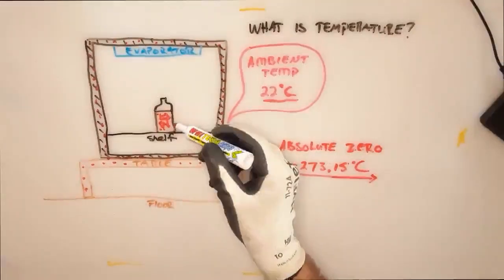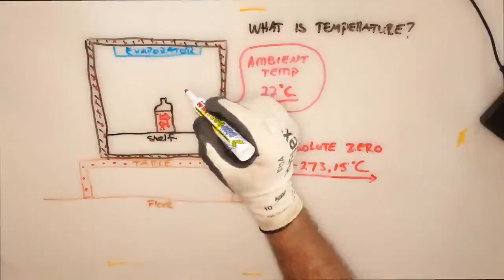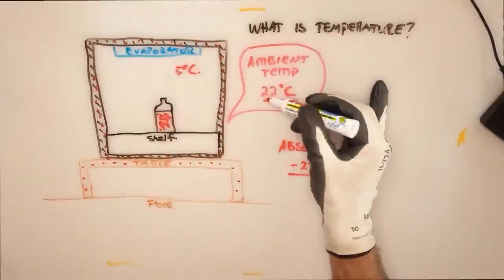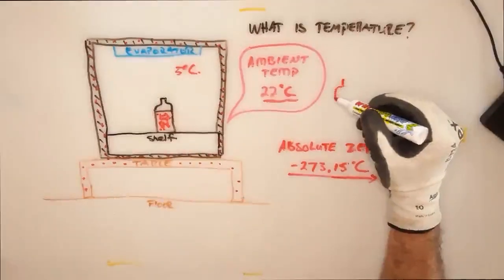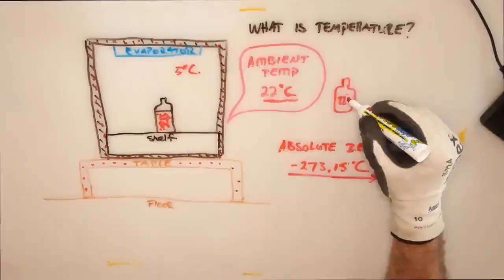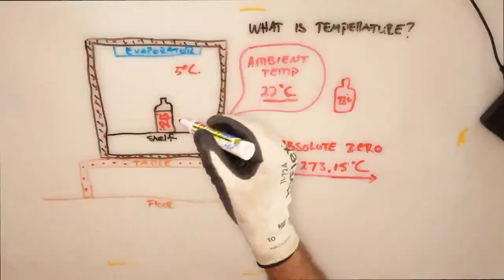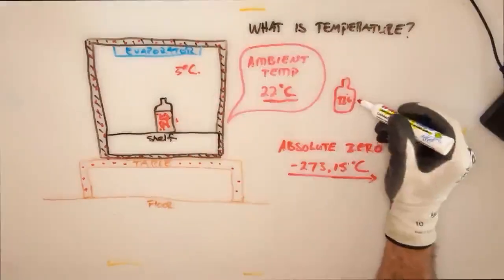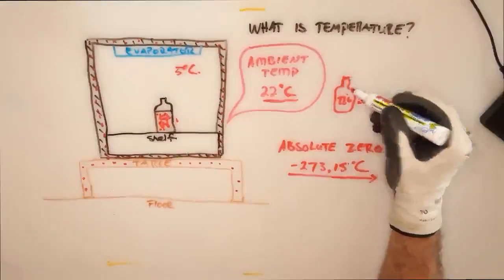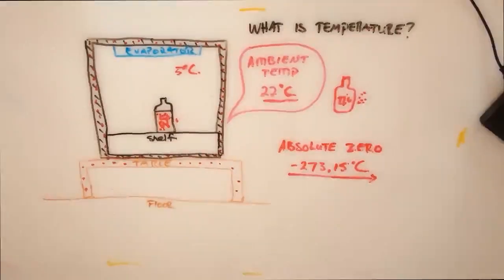Let's take this cool drink. If we place it into a fridge that is 5 degrees Celsius, compared to the cool drink on the outside, which is sitting at an ambient temperature of 22 degrees Celsius, the atoms will be moving slightly slower than the atoms inside the cool drink that is sitting at 22 degrees Celsius ambient temperature.